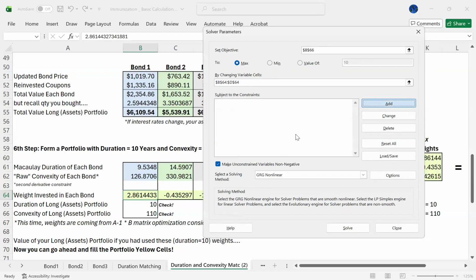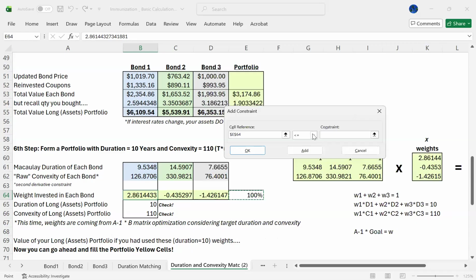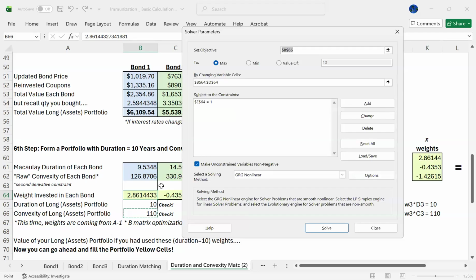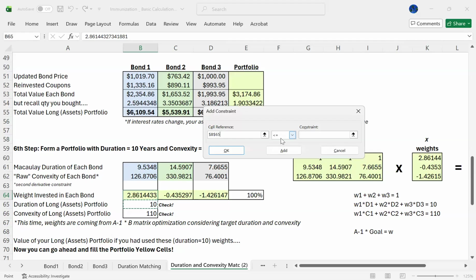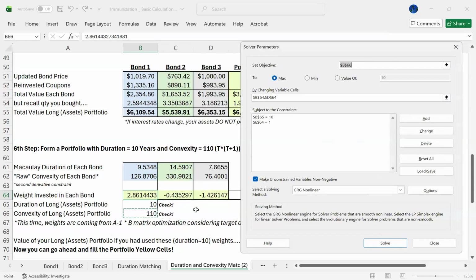Okay, so now we're going to add a condition that the sum has to be equal to 1. And my other condition is that my duration has to be equal to 10. To start, I will not check the box that unconstrained variables have to be non-negative. I will keep the negative ones just to see what happens. And then I'm running this.